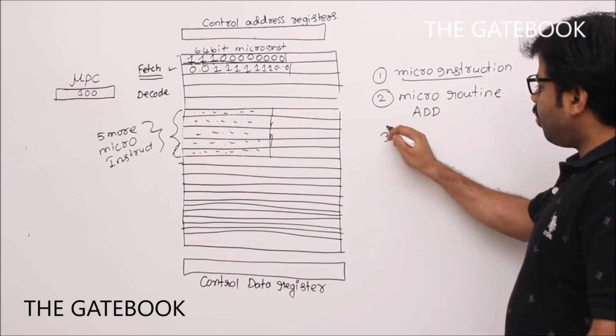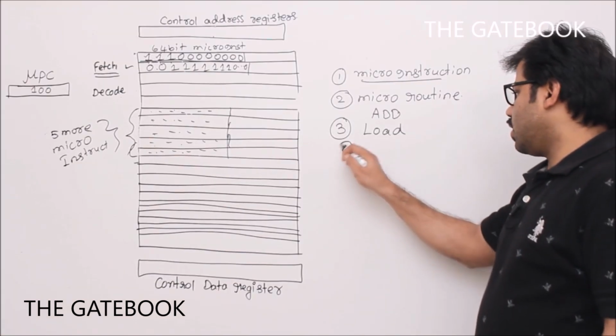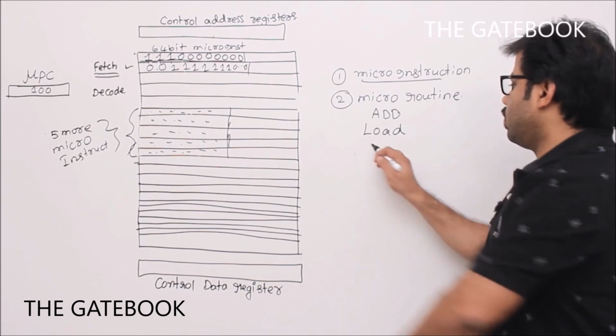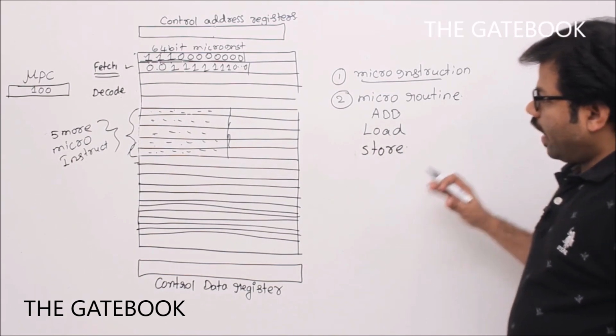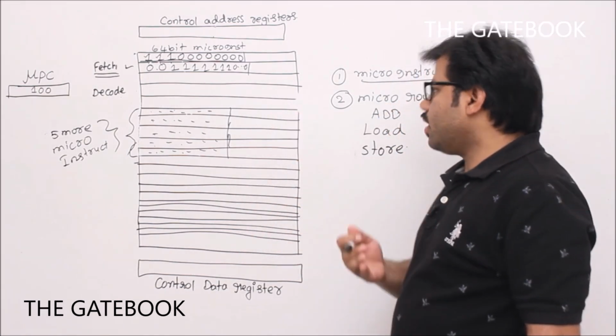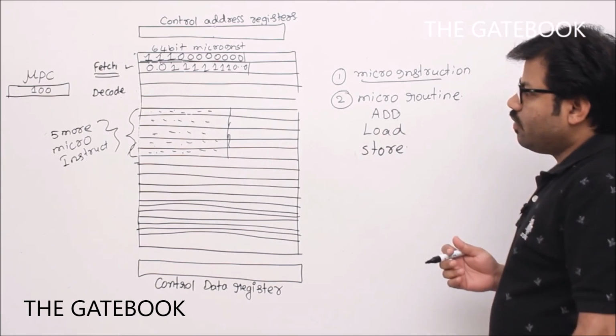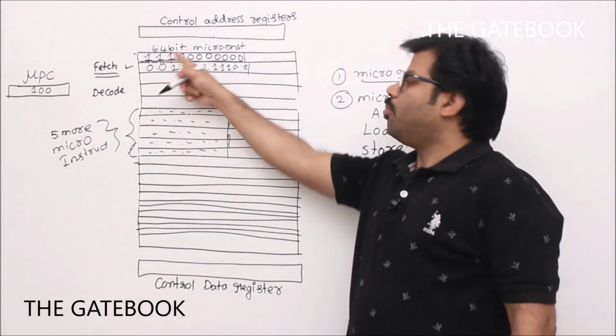Similarly, there will be a micro routine for the load instruction. Similarly, the store instruction, correct? So finally what I want to say is, every instruction, to execute it we need one micro program, correct? Now the important thing which we have to talk about is, what is the structure of this micro instruction?